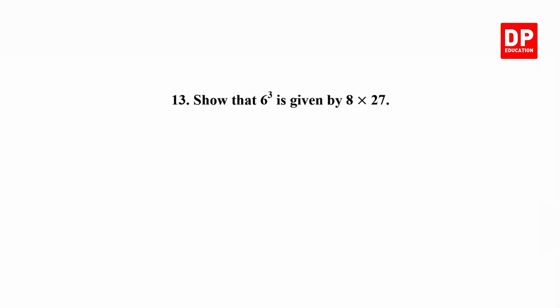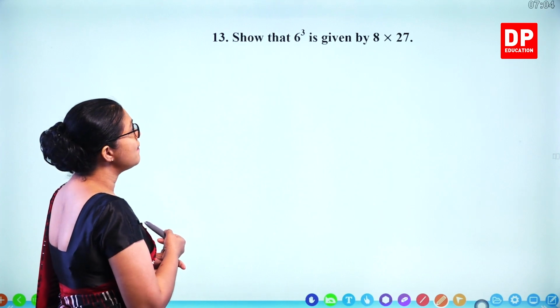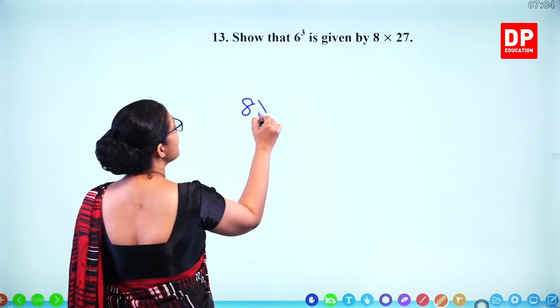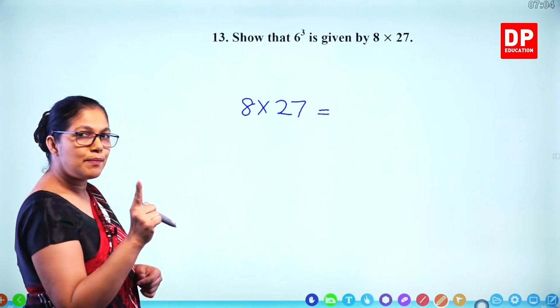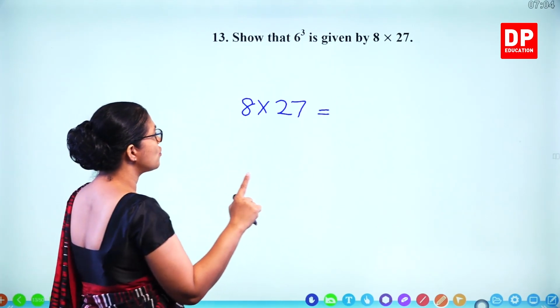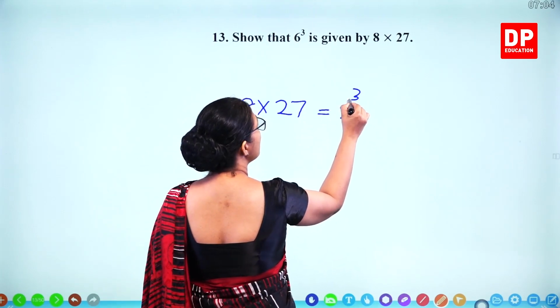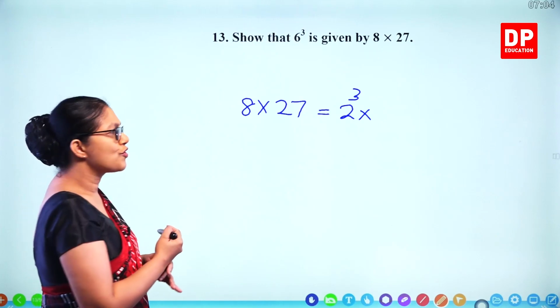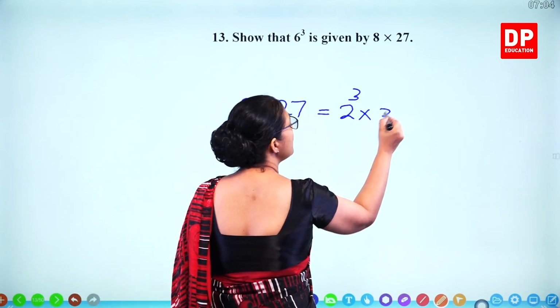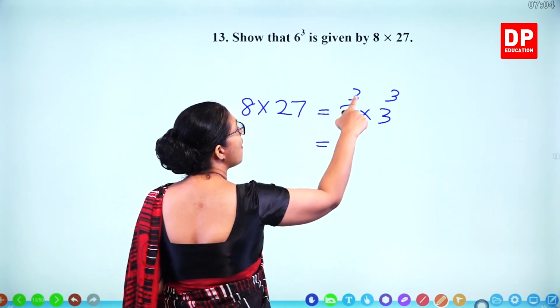Question number 13. Show that 6 to the power 3 is given by 8 times 27. So what is 8? 8 means 2 times 2 times 2, 2 to the power 3. What's 27? 3 times 3 times 3, 3 to the power 3. Now can you see the power is the same.